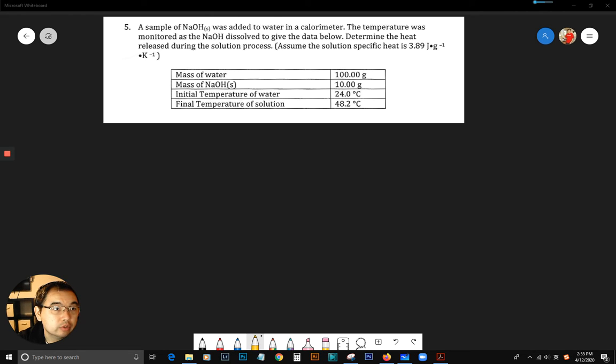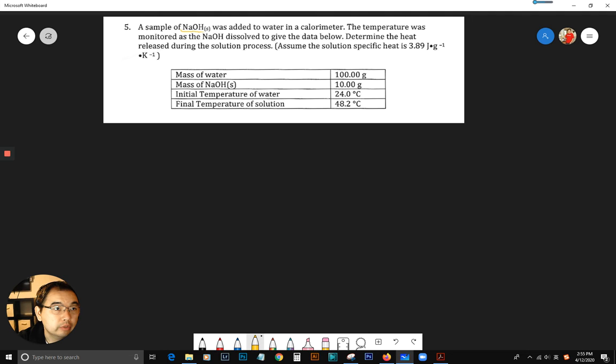The question is asking: if we have sodium hydroxide added into the water in a calorimeter, and we know the initial temperature and the final temperature, and also the specific heat of this solution, determine the heat released during the solution process.